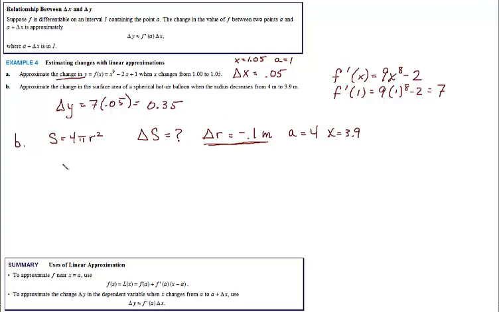let me get that derivative of S. S prime with respect to R is 8 pi R. So I'm going to need S prime at 4. 8 pi times 4, so this is going to be 32 pi.